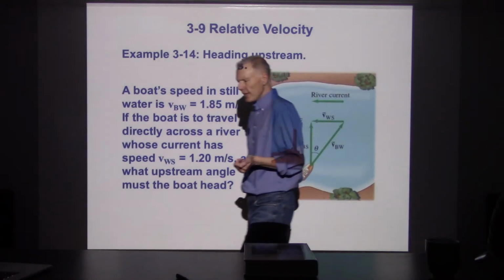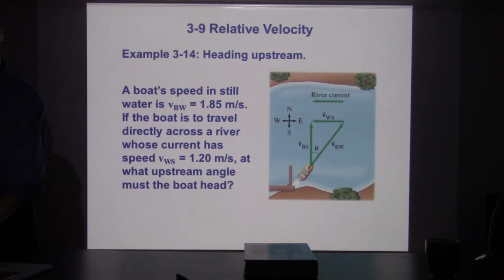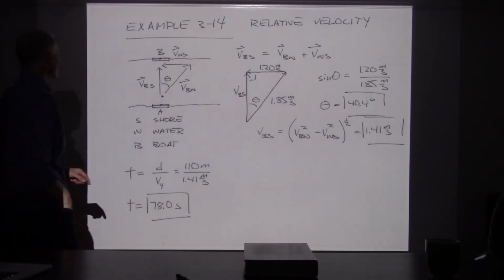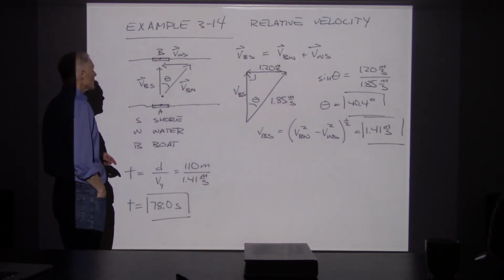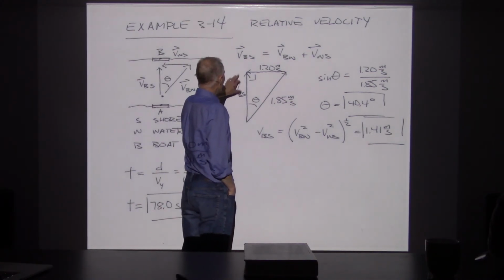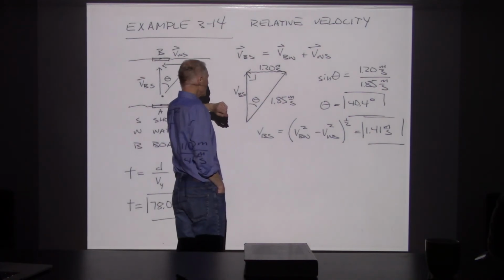So 1.85 looks like our hypotenuse, and 1.2 looks like the opposite side. So here is the setup. And so here's the triangle that I wrote down. And then I dropped all the vectors and I just said, it's just a right triangle we're solving for.